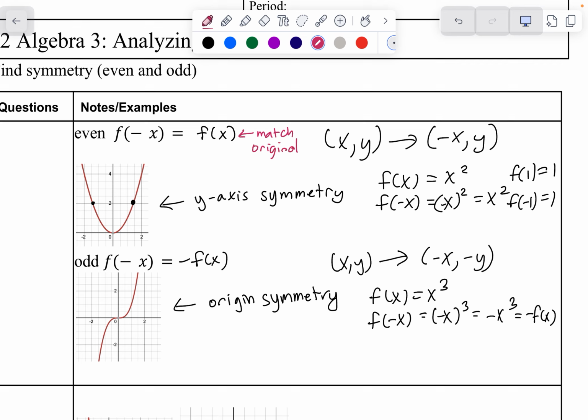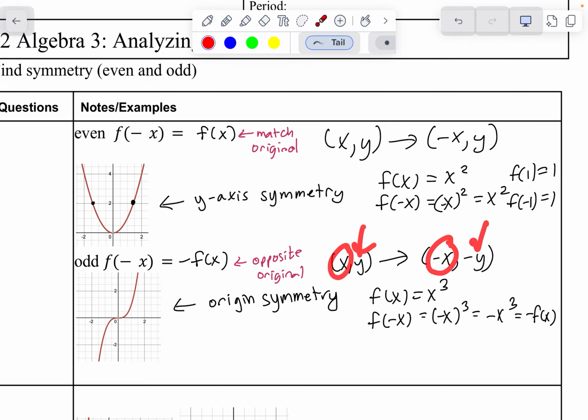And if you stick in negative x here, you get the opposite of the original. So you can see that here. For an even function, if I stick in positive x or negative x, I get the same y value. For an odd function, if I stick in positive x, I get y, but if I stick in negative x, I get the opposite of that.